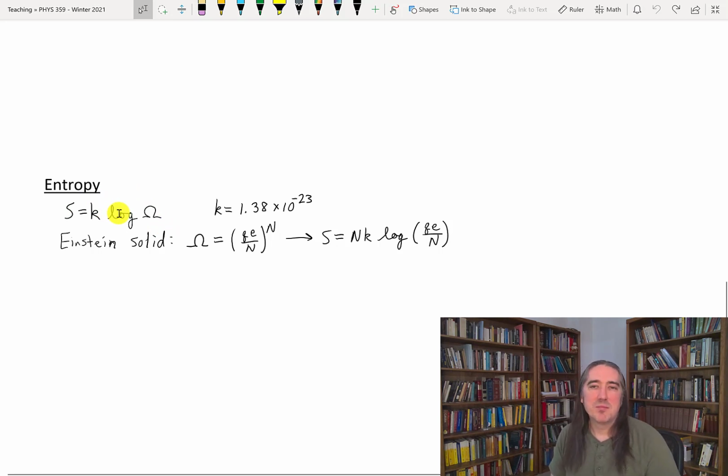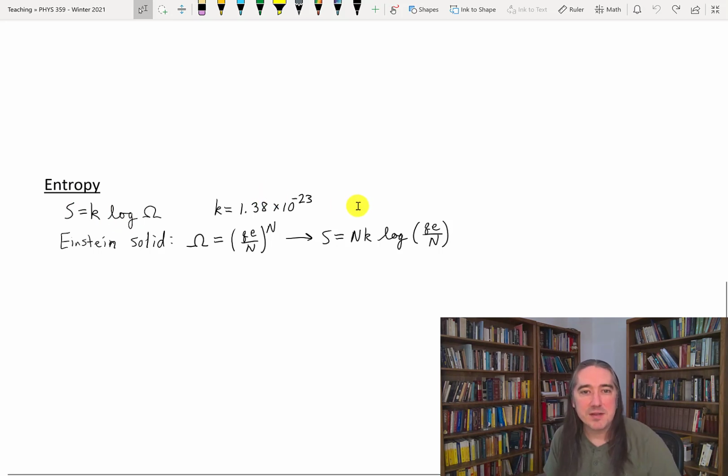So again, that number is so huge, we don't like to deal with anything but the logarithm if we can avoid it, and it turns out nature is the same way. So the entropy, which is a very physical quantity, tells you why you can't make a perpetual motion machine, right? It's why you can't just have a perfectly efficient heat engine. That turns out to connect exactly to the counting of microscopic states. And the only thing you need to know other than the logarithm is this constant out front, Boltzmann's constant.